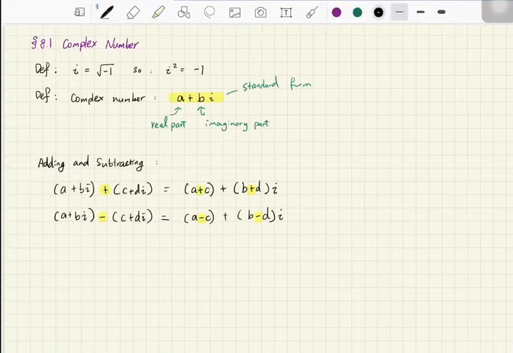When we multiply complex numbers, we follow the FOIL method.